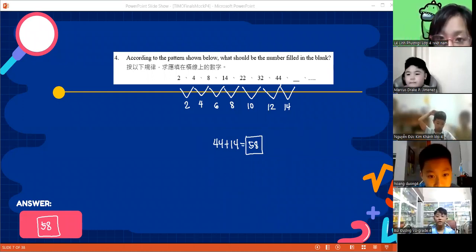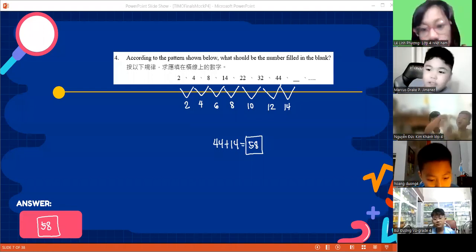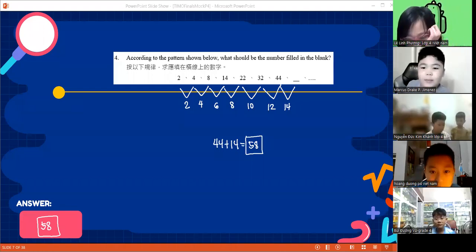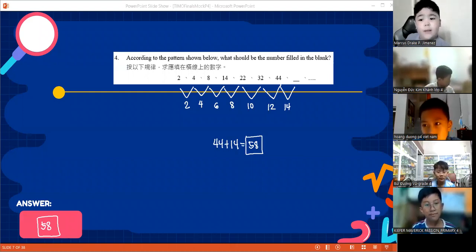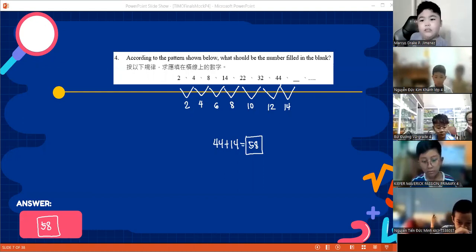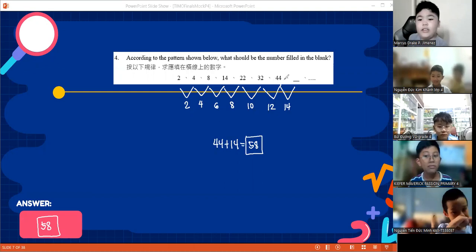Okay, everyone is raising their hand already. Okay, can you lower your hand? The only problem for mine is that the mock paper that was given to me was actually the mock paper of 2020 to 2021, not the 2022 to 2023.